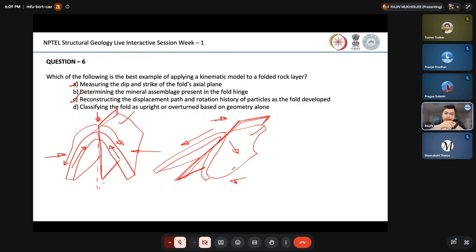What is important to understand in this case is a reference frame. So option D does not provide you a reference frame, but option A does provide you a reference frame, that is the axial plane. And that is why option A is more important as a contribution to the kinematic model than option D. So that is why option A and option C are the correct answers.